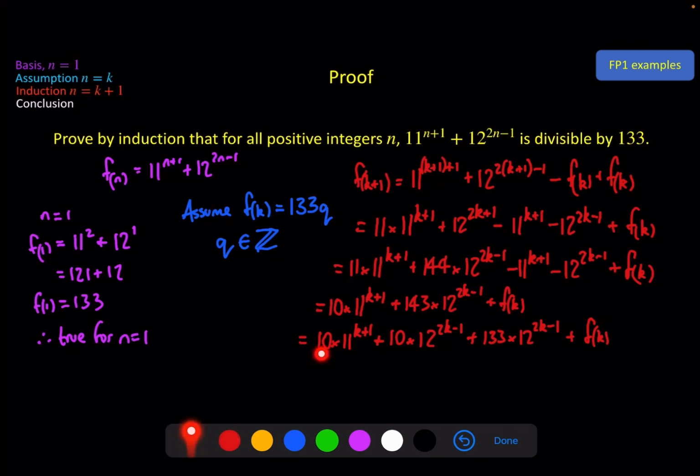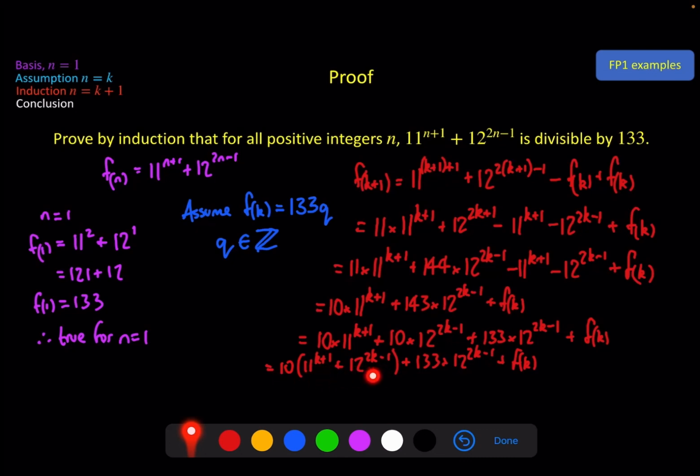So I can see here now I've got 10 lots of the function. Let me make it really, really clear. I've got 10 lots of 11 to the k plus 1, plus 12 to the 2k minus 1, plus 133 lots of 12 to the 2k minus 1, plus f of k, and this is f of k.